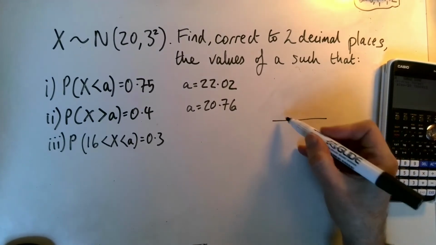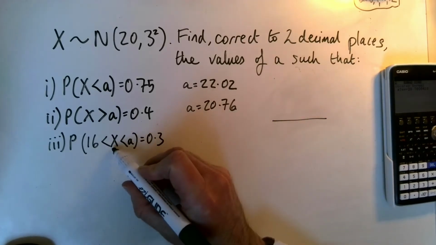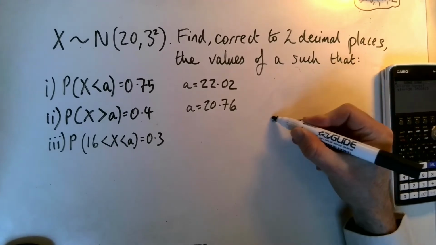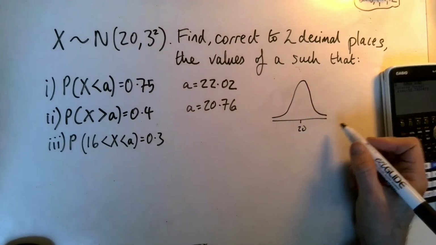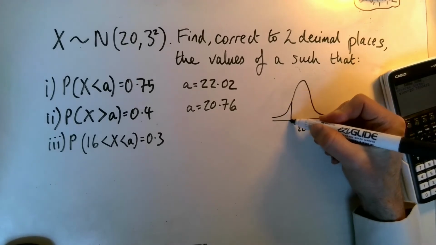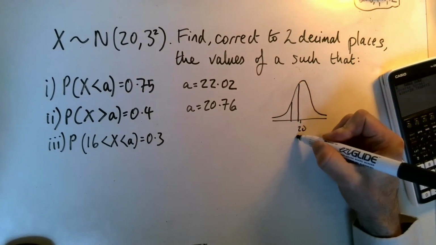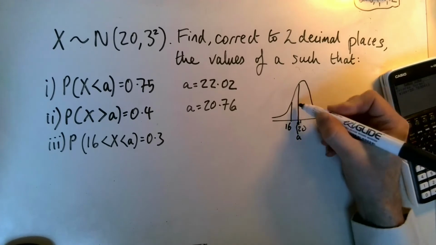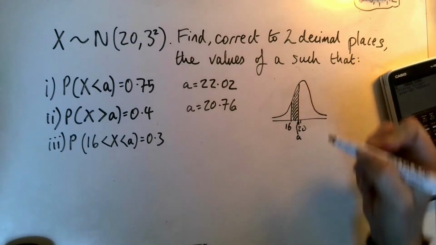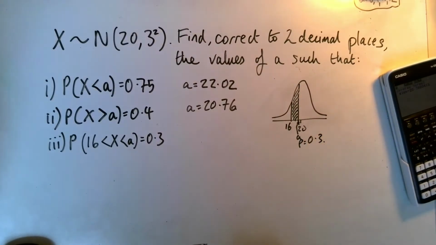And this time we've got x is bigger than 16. Now we know that 20 is the middle of our curve, so 16 is somewhere below, and we want A to be such that this probability here is 0.3.